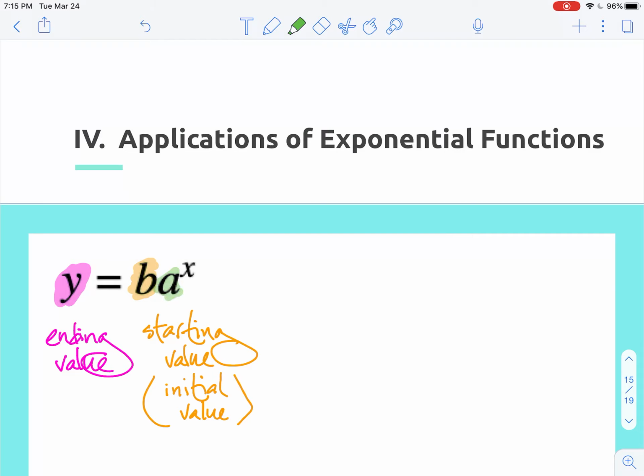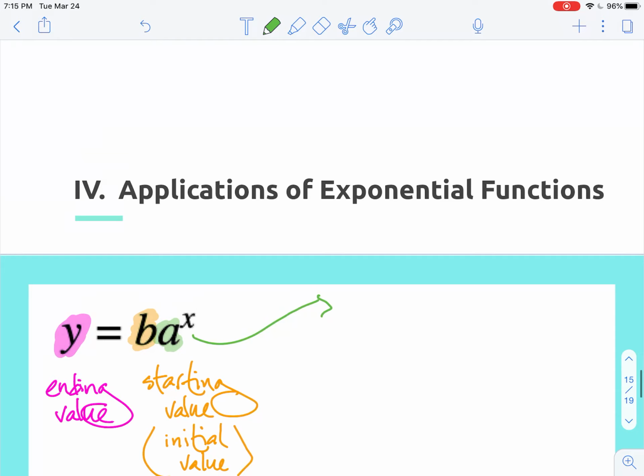Okay, this A is a letter we've seen before. And this A is so important, I'm going to write it off to the side. This A is our growth or decay constant.